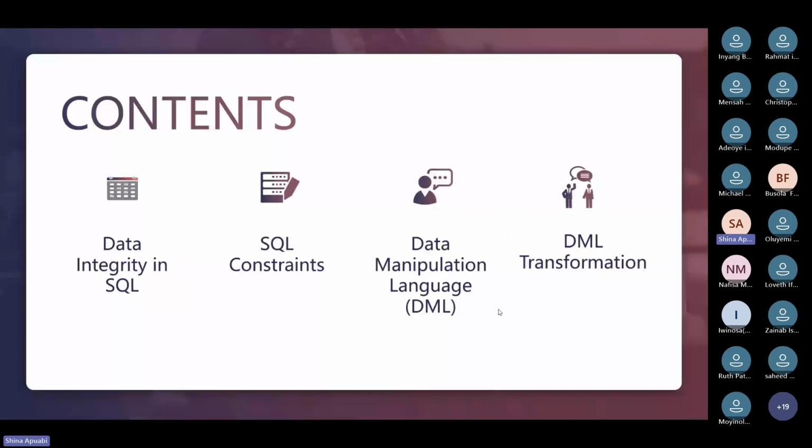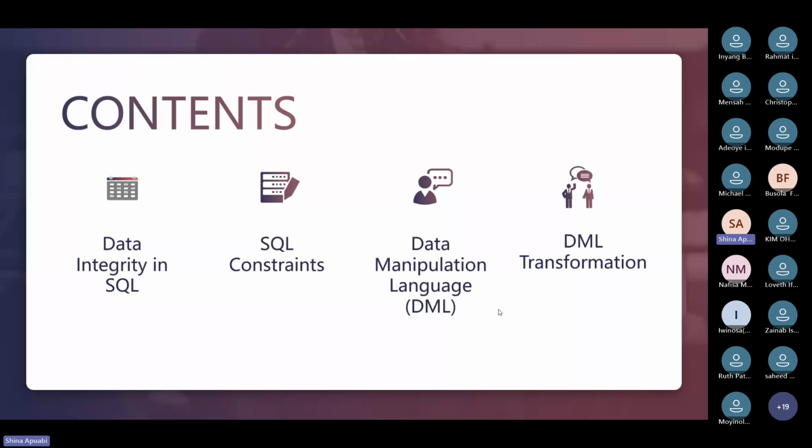I'm able to summarize everything into these four: the content that is talking about data integrity itself, and the SQL constraints. We should know what the constraints are and what we need to look out for. Once you are dealing with a database, whether relational or not, that holds people's information, that area is very sensitive, so that part is quite important.